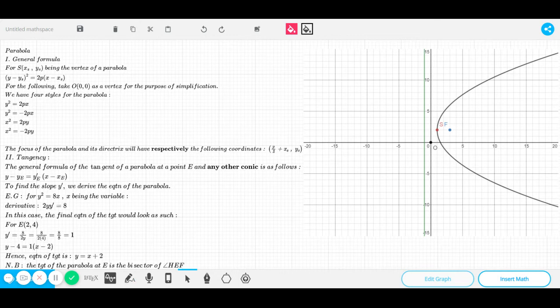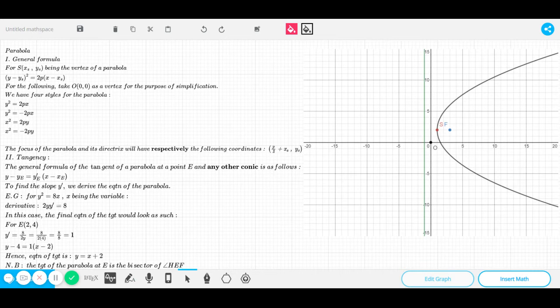Instead, it would be minus p over 2 plus x of s. So p over 2 follows the sign of 2p, which is why, again, we denote the constant as 2p.